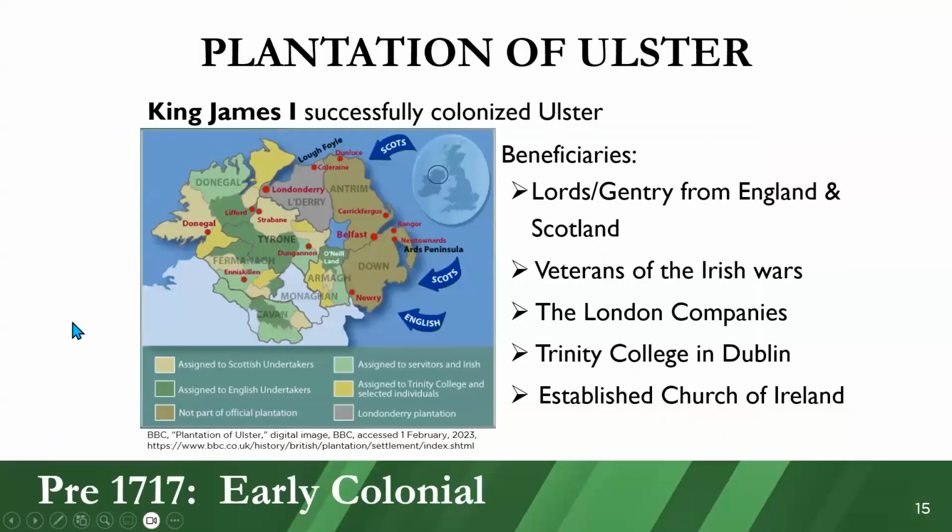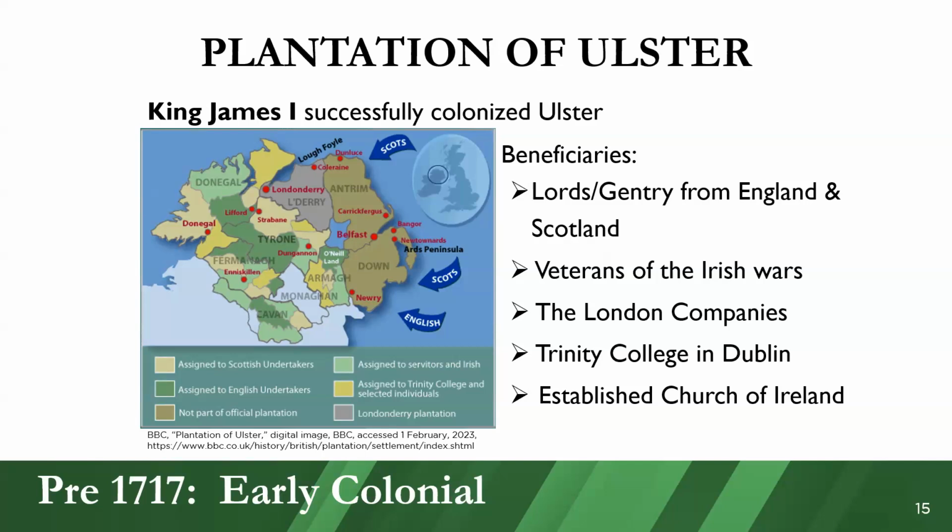All right, so the reason why Northern Ireland is as it is started out with the plantation of Ulster back in the 1600s. A lot of English monarchs tried to colonize Ireland with Scottish and English people. James I was the first one to do it successfully.